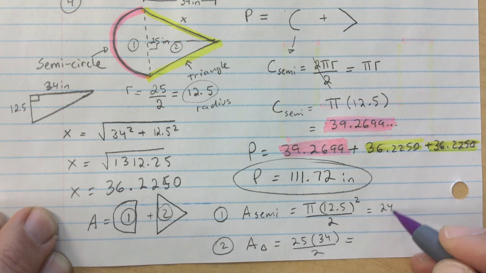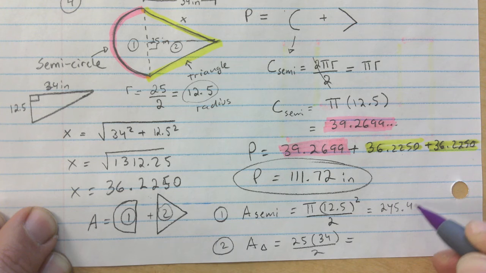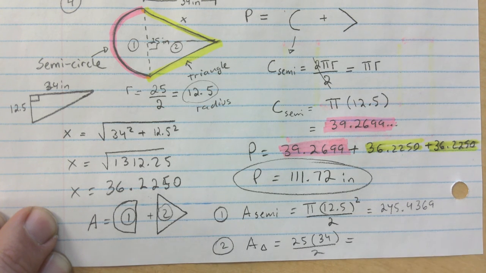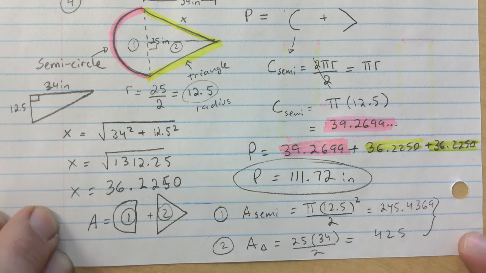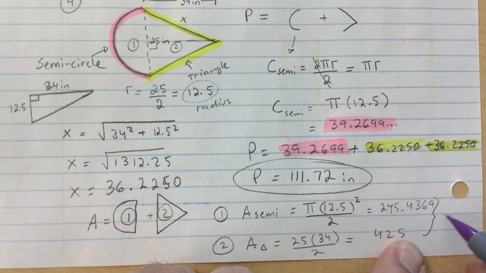This is 245.4369. And this is exactly 425. So if you add them all up, that is 670.44 square inches.